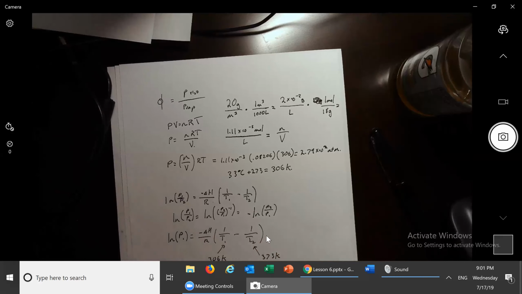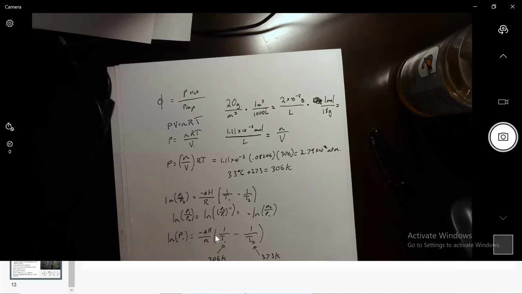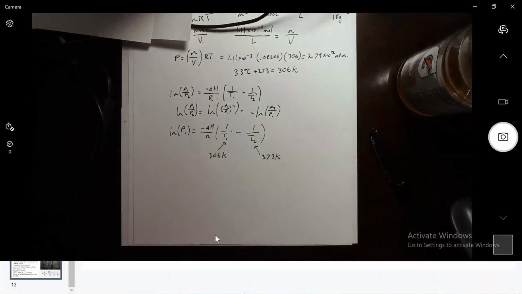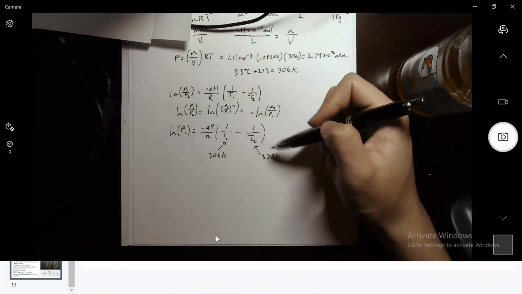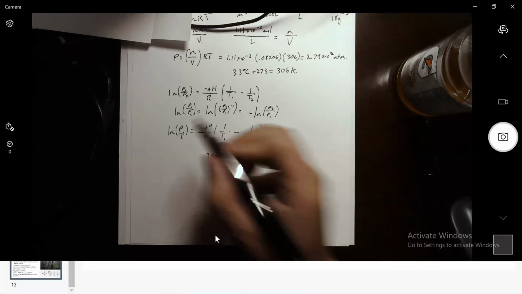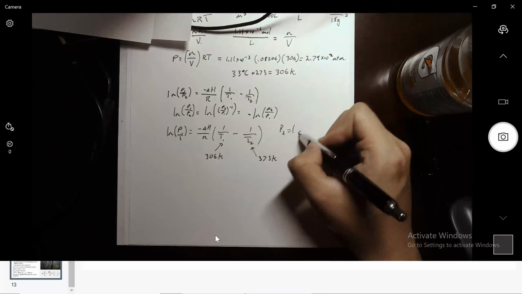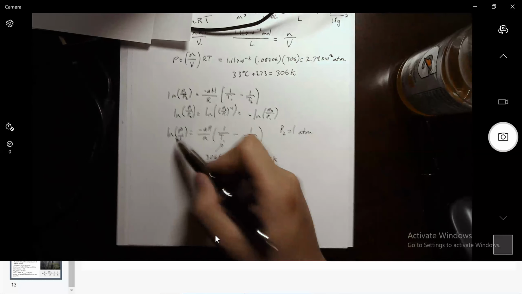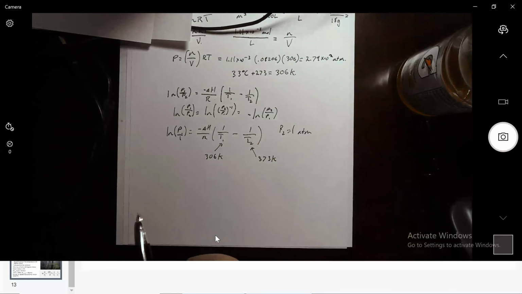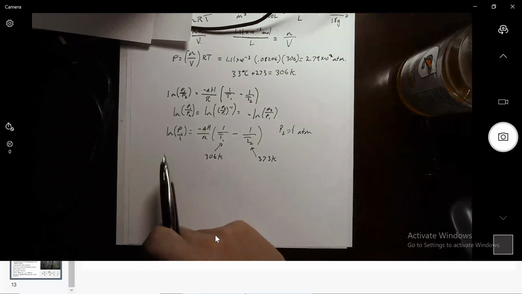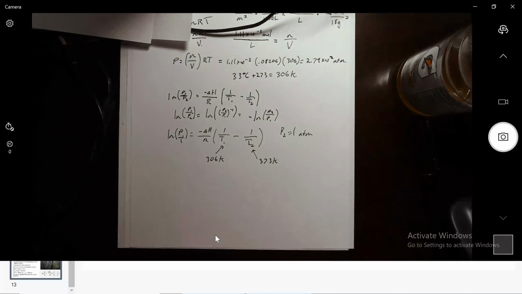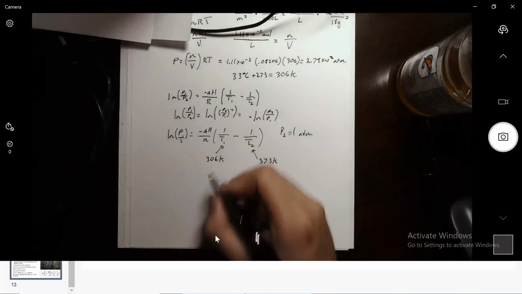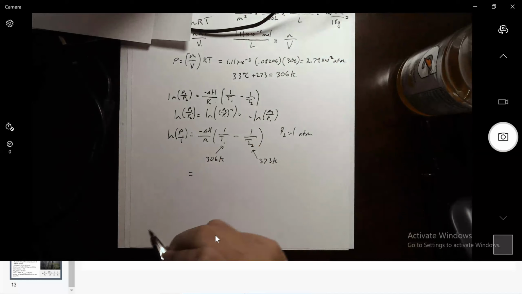Oh, I just realized you can't see that. Okay, so you have T1 equals 306 Kelvin and T2 is 373 Kelvin. And this is divided by 1 because P2 equals 1 atmosphere. And notice how I'm neglecting units in this instance. For technical reasons, we can omit the units here. Okay? So let's do this. And then this equals, and we're given delta H. So what was delta H again?